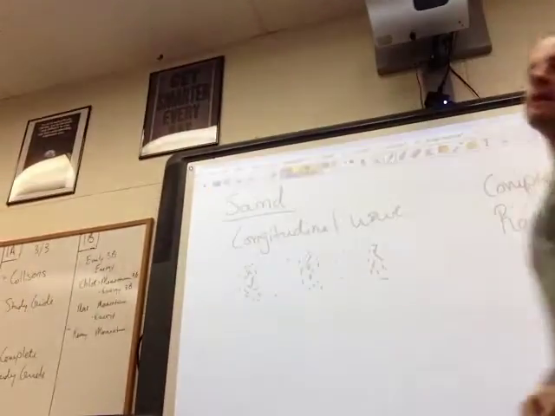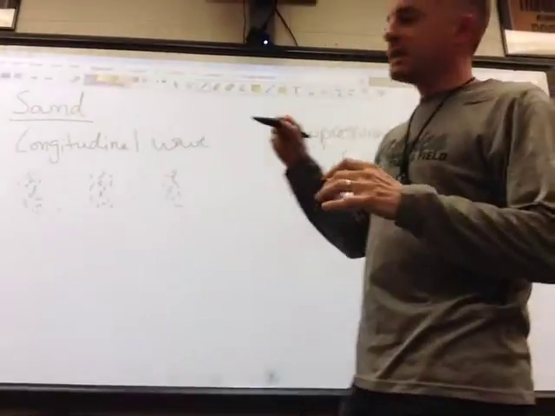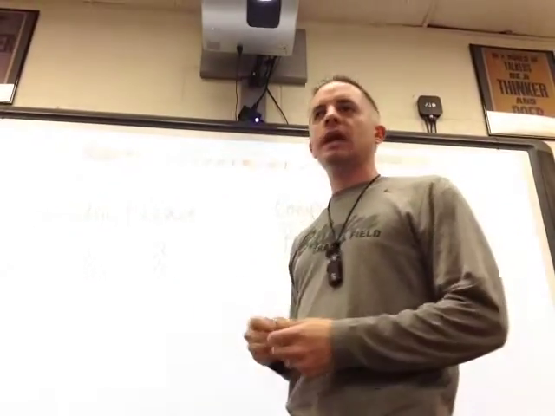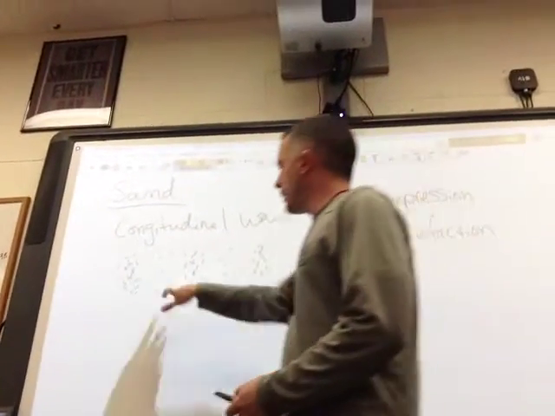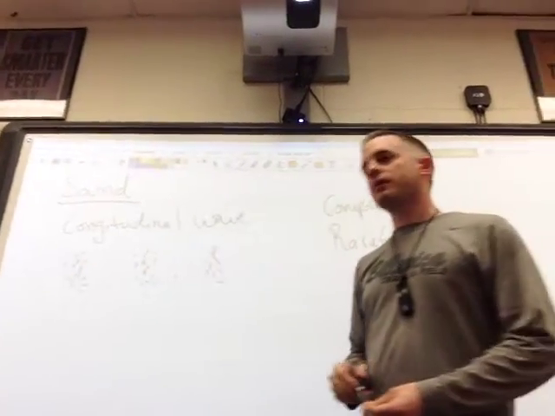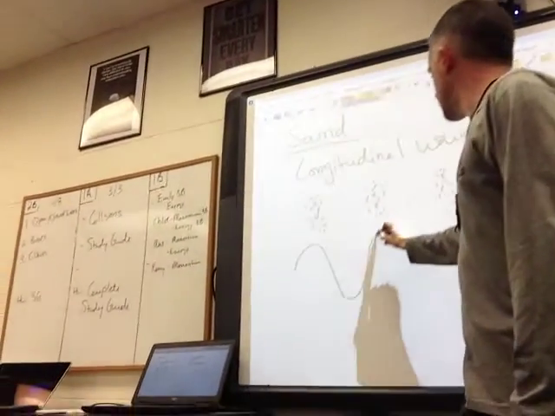So if we were going to take this compression and rarefaction and put it into some sort of wave that we could look at, every time there's a compression, that would be a peak. And everywhere there's a rarefaction, that would be a trough. So you'd get a wave that would look something like this.